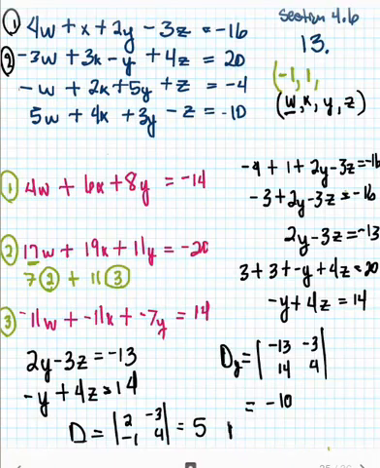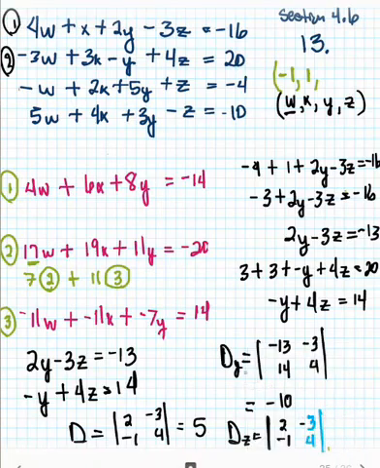And then for dz, where's the z, -3, oh wait, the y's have to stay the same, sorry. It's 2, -1, and then the y's stay the same, so -3, 4.